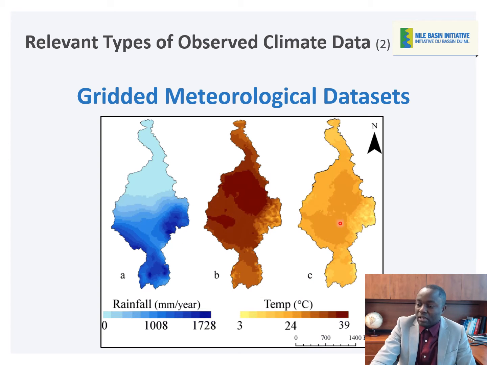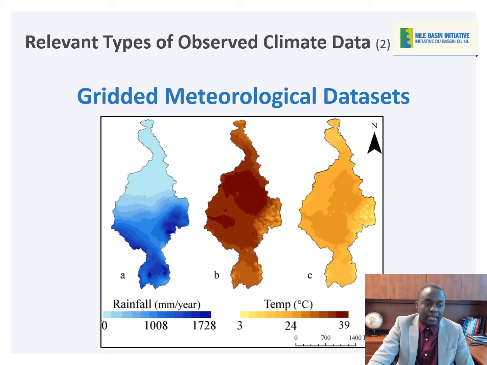You can study climate patterns and trends from, say, the east of the Nile Basin to the west, and from south to north, and understand how the climate has changed. It's currently changing and it will change in the future.